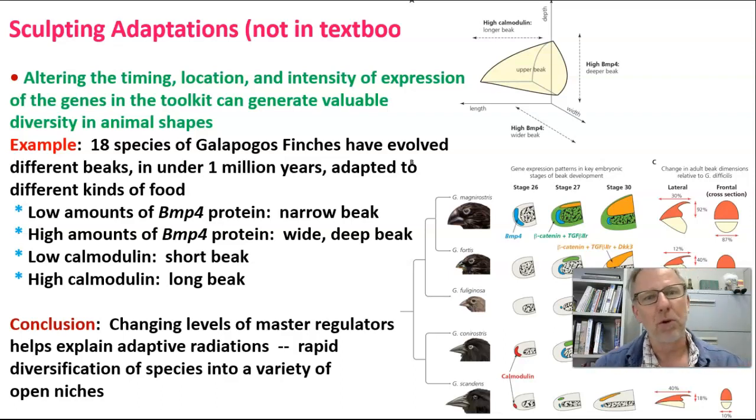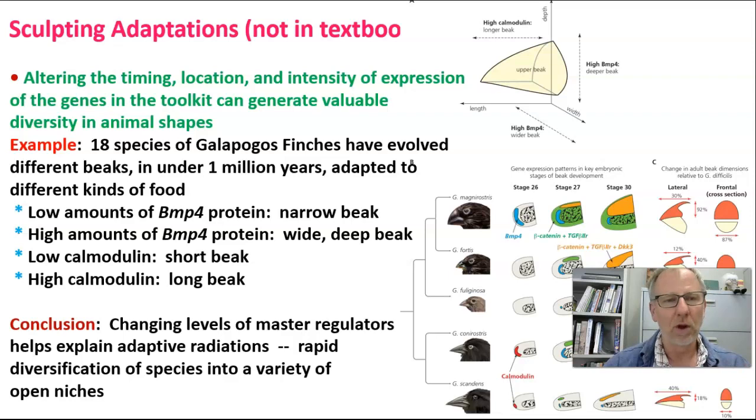So here in our example, there's 18 species of Galapagos finches. They've evolved different shapes of beaks, and they've done this in under 1 million years. It's pretty quick, and they're adapted fundamentally to different kinds of foods, seeds, fruits, insects, etc. And what's being represented here is that two genes that are responsible for the development of beak shapes, BMP4 and calmodulin.